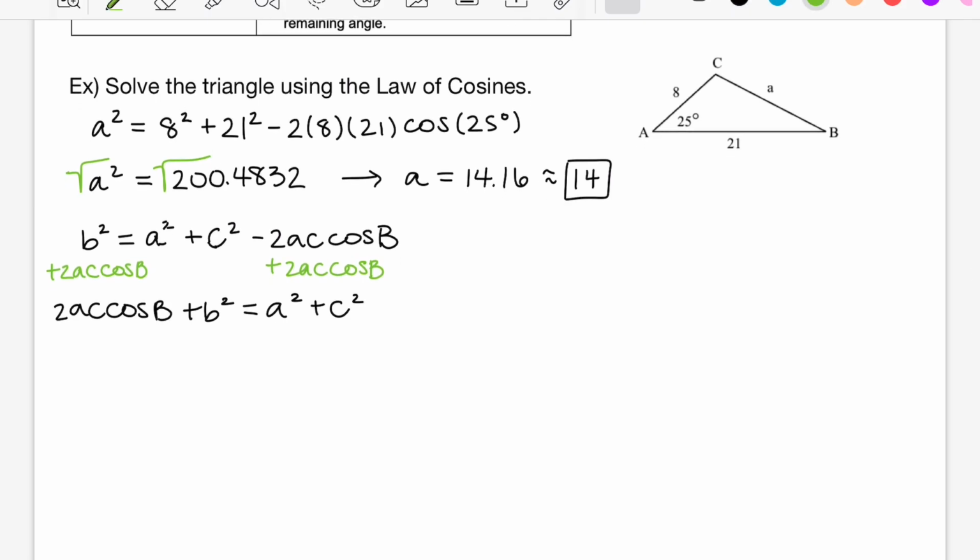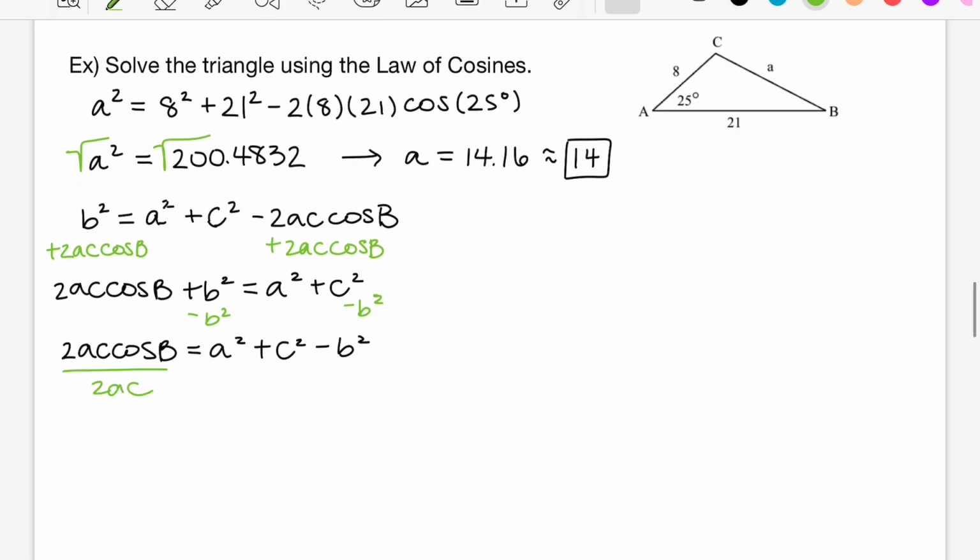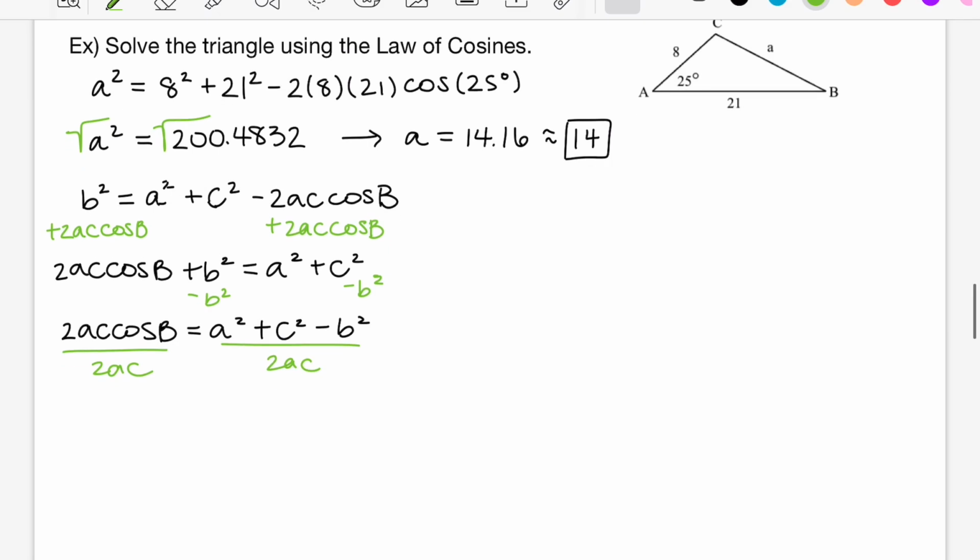Now, the next thing we'll do is subtract B squared on both sides of our equation here. We'll end up with 2AC times cosine of B is equal to this here. And then we'll divide by 2AC on both sides to get cosine of B by itself.